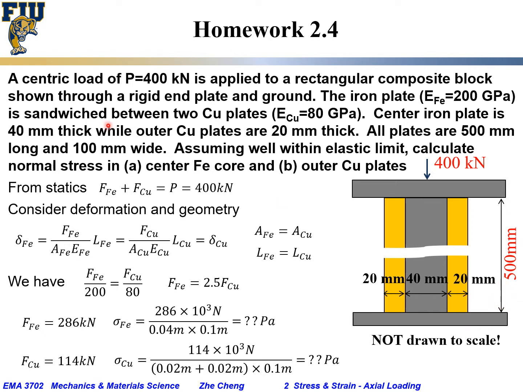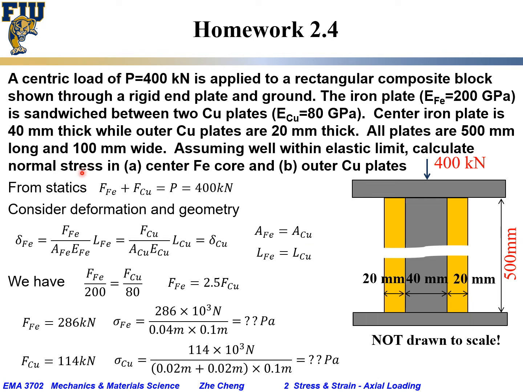So what do we want? We want the stress. Stress is defined as force over area, so we need to know the force, because we already know the cross-section area.